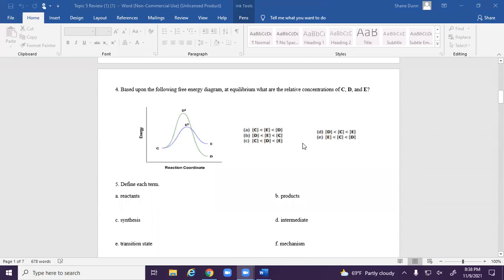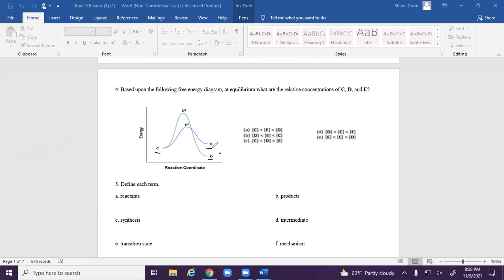Okay, energy diagram. So we have compound C, and it can do two reactions. It can go and make compound D, or it can make compound E. Which one is it more likely to do? Which one's a lower energy state?